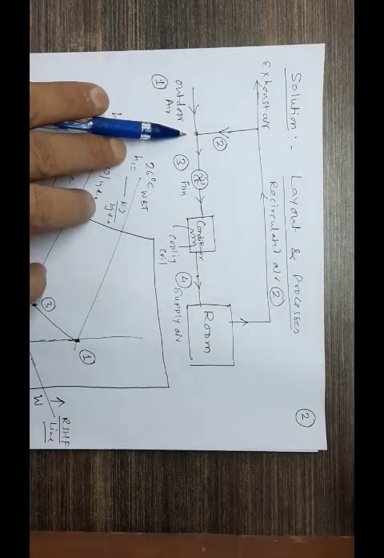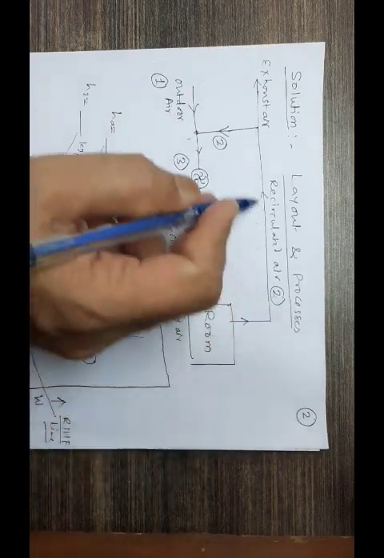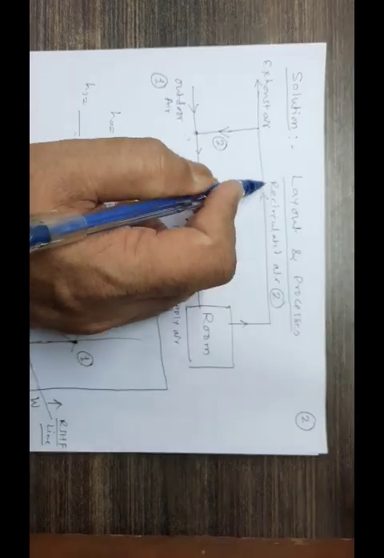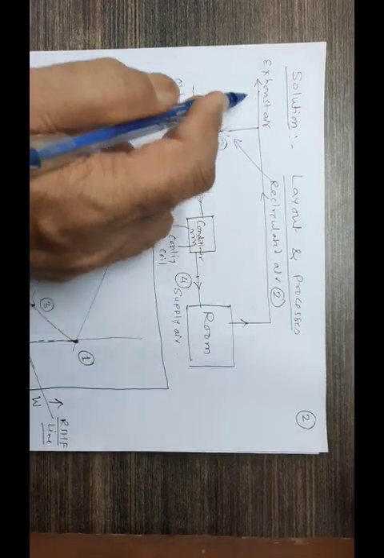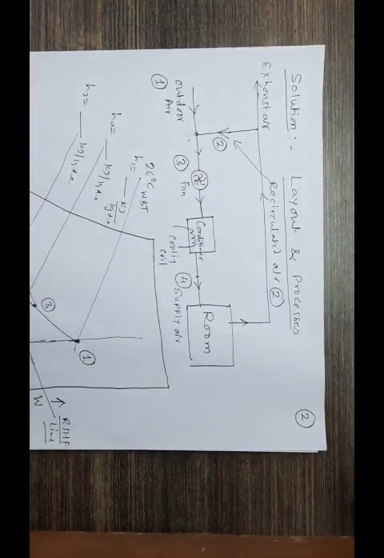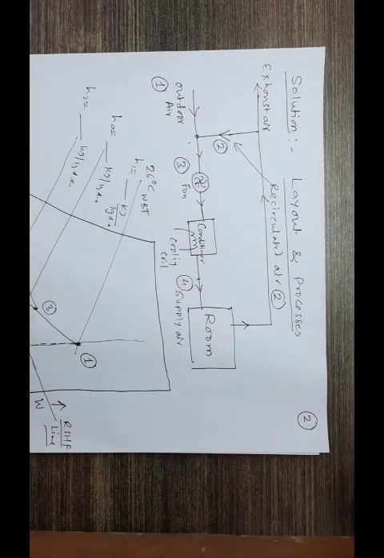Outdoor air is corresponding to 1. Recirculated air is corresponding to 2. Of course, a part of this is recirculated air. We should call this recirculated air, and this is the exhaust air partially. So this is our block diagram corresponding to the data which they have given to us.